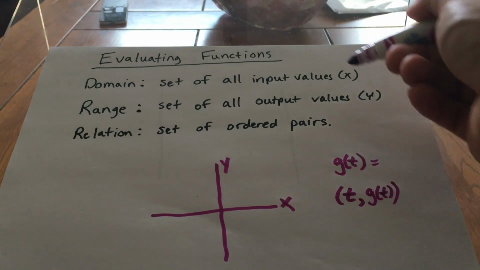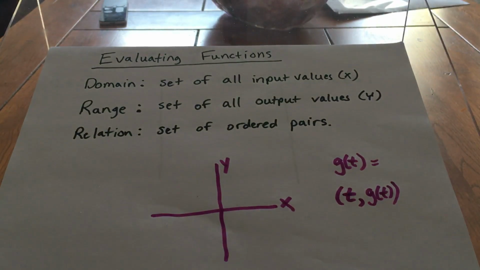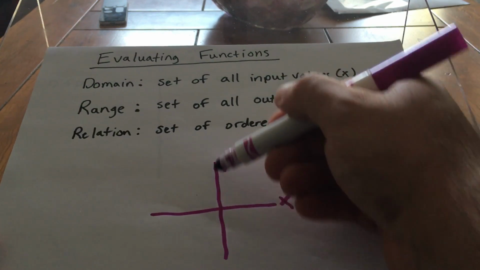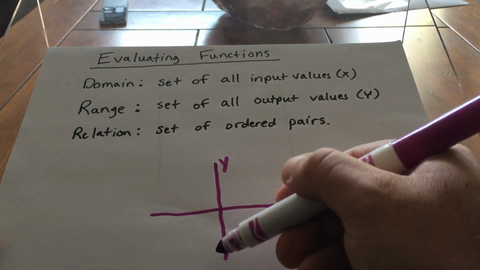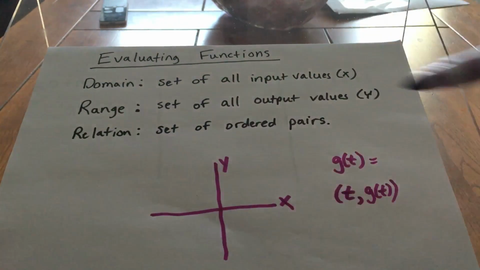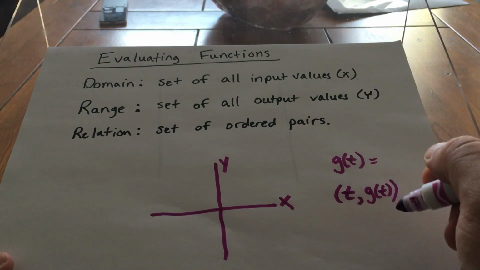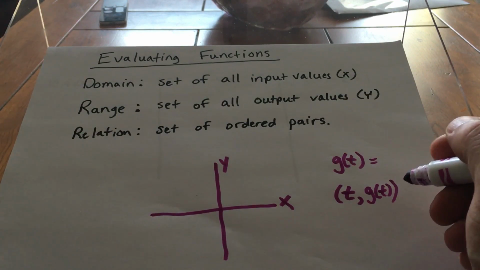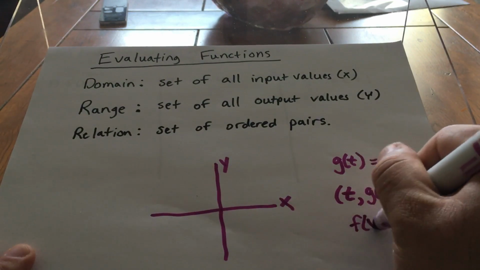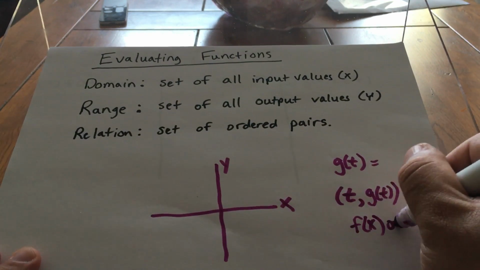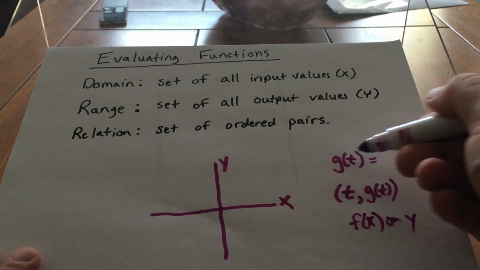The thing inside the parentheses, that's the domain. It's the set of all input values. The range is the set of all output values. On this coordinate graph, it's the up and down axis, that y-axis. And again, this is one of those things where we call it y, but it can be f of x, it can be y, or in this case it'll be g of t.